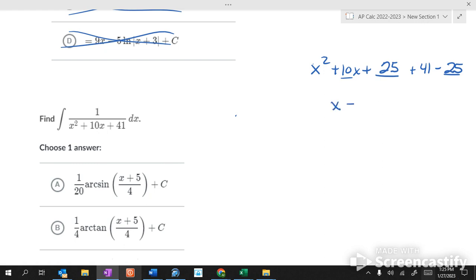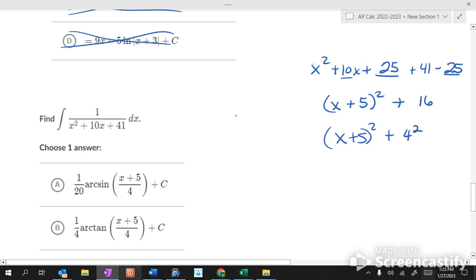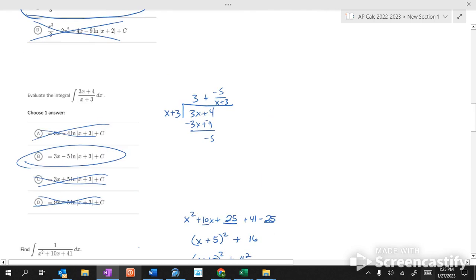So it's x plus 5 quantity squared plus 41 minus 25, which is 16, right? So it's x plus 5 squared plus 4 squared. I have a squared plus a squared now.